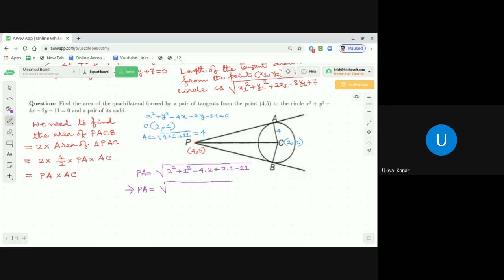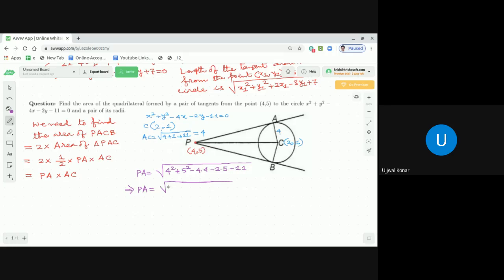Oh, I'm so sorry. There is a small mistake. So here not 2, 1, it is 4, 5, because we need to apply the point P, which is 4, 5. So it becomes 4 square plus 5 square minus 4 into 4 minus 2 into 5 minus 11.